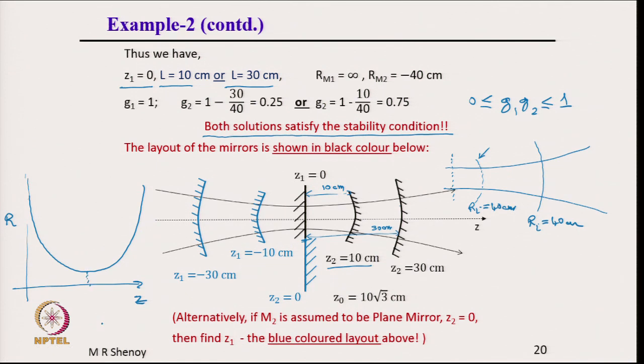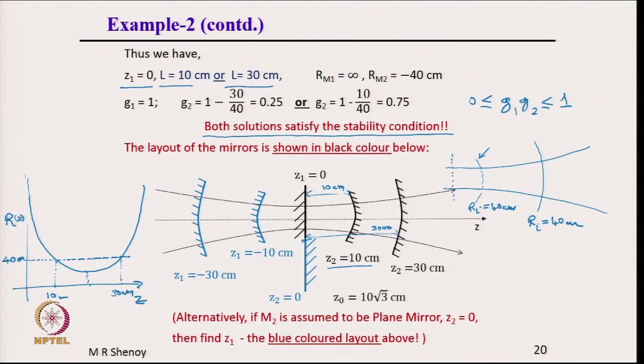And therefore, if the radius of curvature of minus 40 centimeter happens to be here, then it can have the same value at two distances, 10 centimeter and 30 centimeter, provided the minima lies between them. So, what I have plotted is R of z versus z for the Gaussian beam.